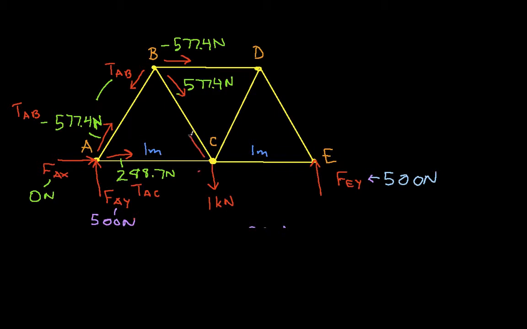One should never allow cats to get near one's computer. Okay, so now we'll find TCD and TCE from a free body diagram of joint C.